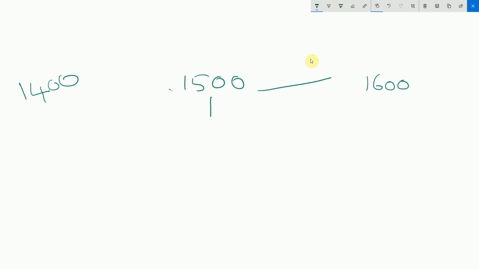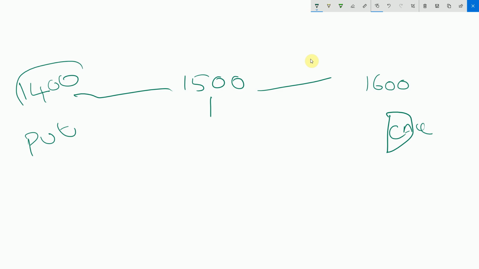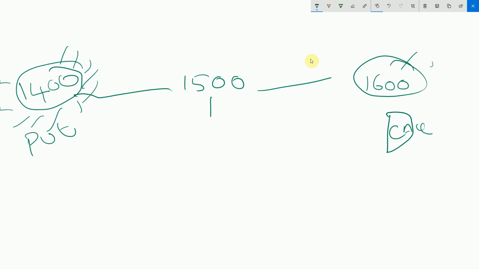It depends on the premium. I'm talking about this call option and this particular put option. Why especially 1,400 and 1,600? Because the 1,400 put has a lot of open interest, that's why it has come into the picture, and the 1,600 call has a lot of open interest. So this is where trader interest is there.